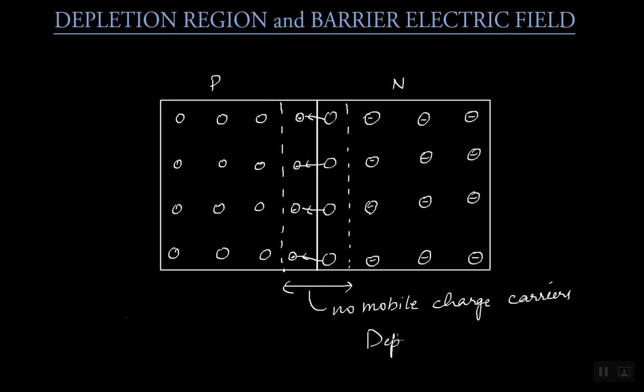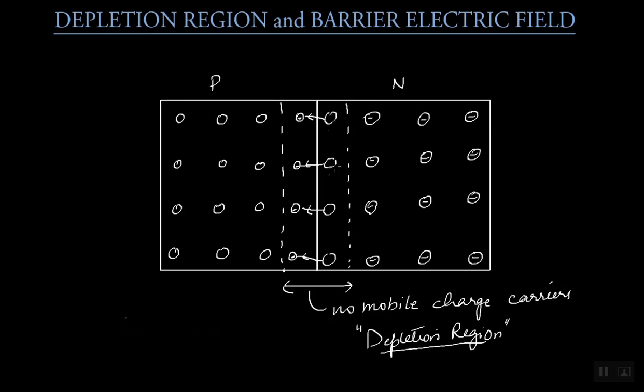The depletion region. Is this clear? So what is a depletion region? The depletion region is nothing but the region where there are no mobile charge carriers on either side of the PN junction. Understood here?